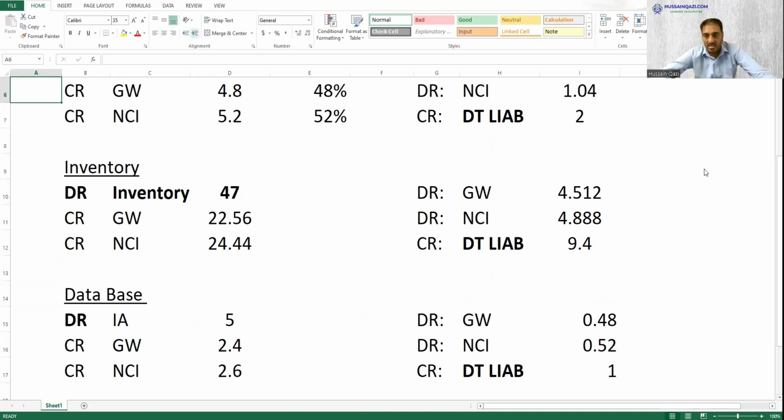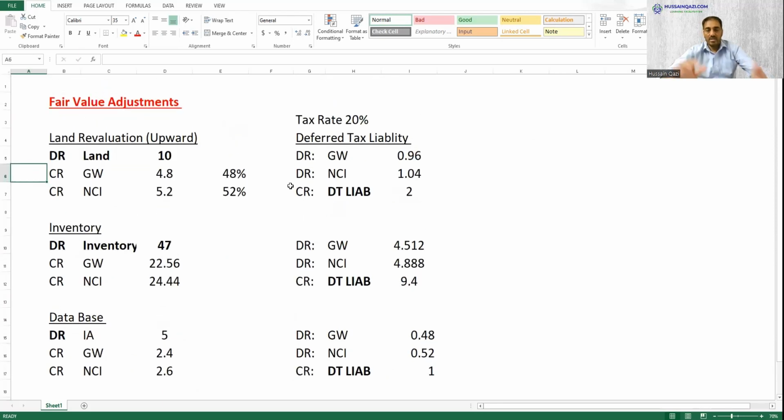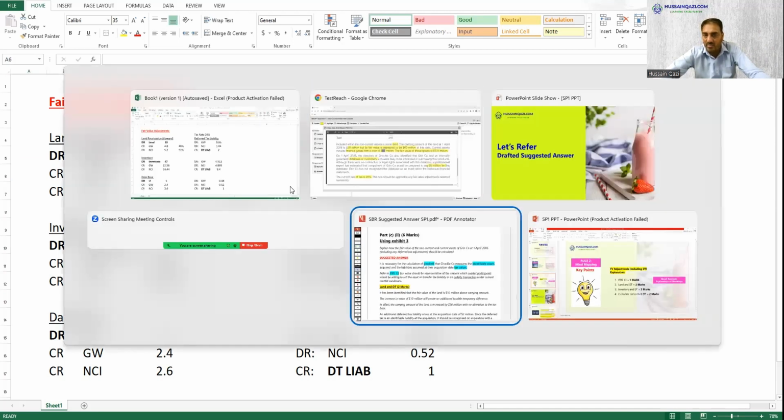And that's it. That is what the working is about, but the examiner does not expect a double entry of the working, rather an explanation of this working. And believe me, it's not very difficult. It's just about practice.